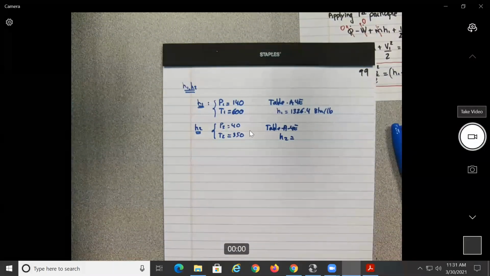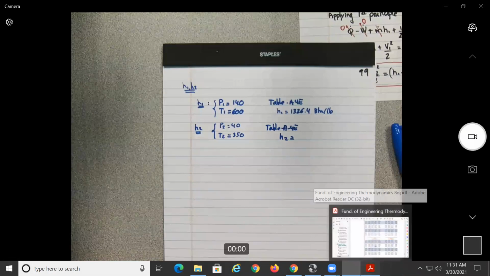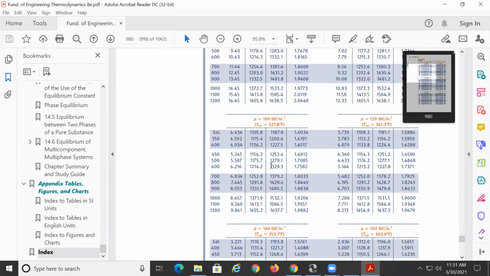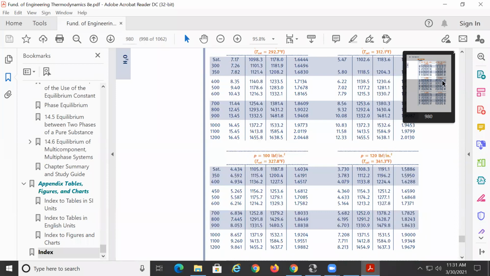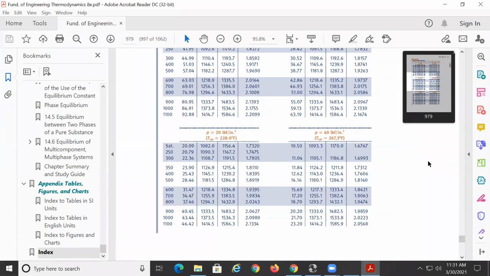So for H2 would be 40, 350. This one appears again, I don't know how to get rid of it. Oh, 40 is here, 350 is here, we're lucky. It is 1,211.8 BTUs per pound.